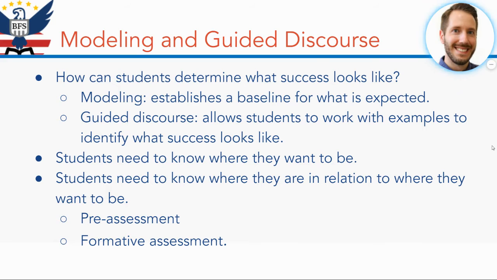Because ultimately, we want students to know where they want to be, and we want students to know where they are in relation to where they want to be. We want to use these tools to get students to a point where they can make their own goals and track their own progress, because that's going to shift the center of learning from us as educators to them as students. So what I'm going to do is show you one way this process can go.